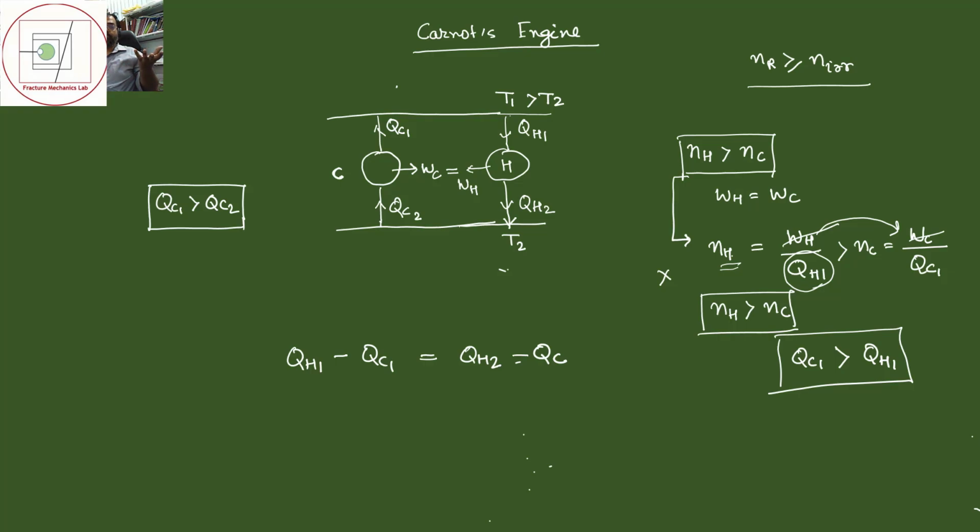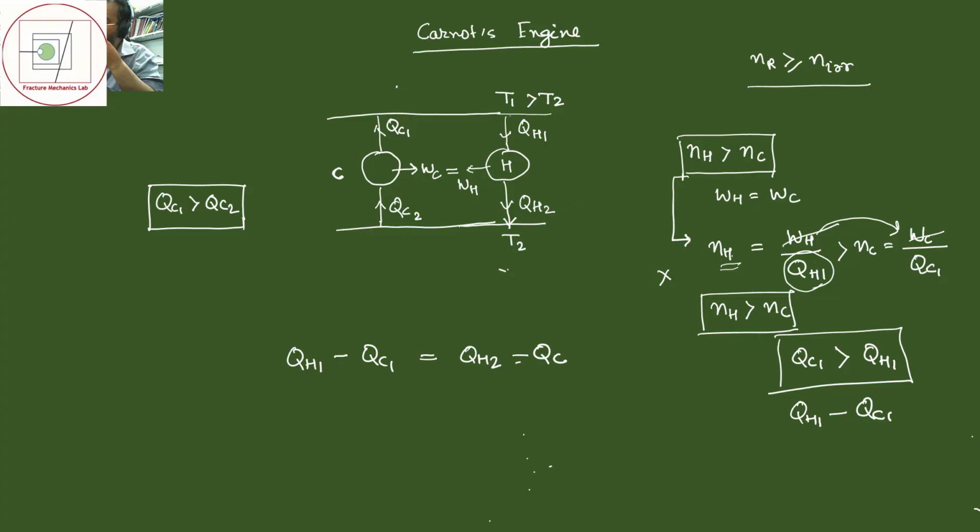Otherwise, there is some balance. And there is no balance because there is no additional work anywhere. And QC1 minus QH1 is this one. QC1 minus QH1 is opposite of this, right? So I can write it as QH1 minus QC1.